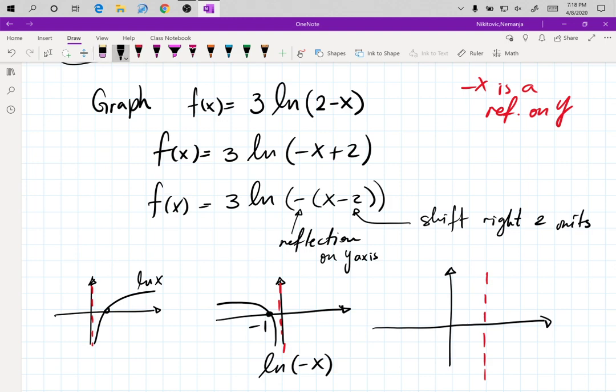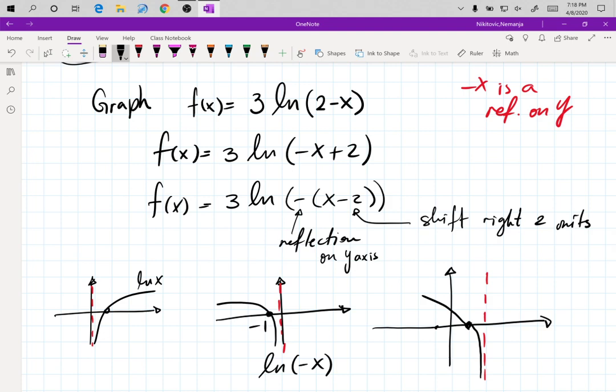Which means that the point here also shifts 2 units to the right, which means it goes from here to there. And now we draw the graph that goes something like this. It has to be, right, the other one would curve more this way, but because it's times 3, it should curve more up. This is terrible.